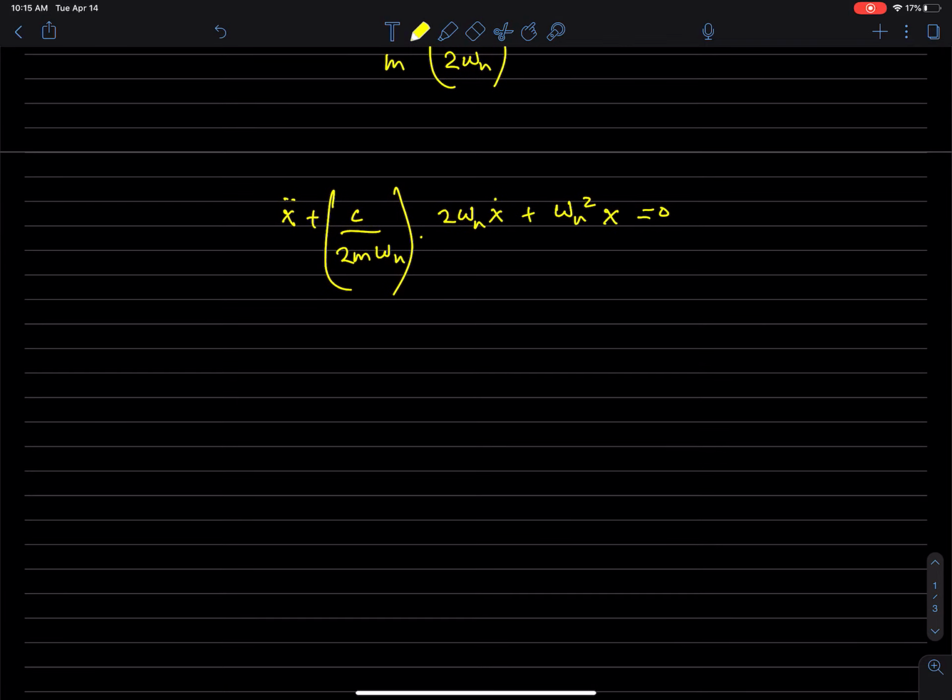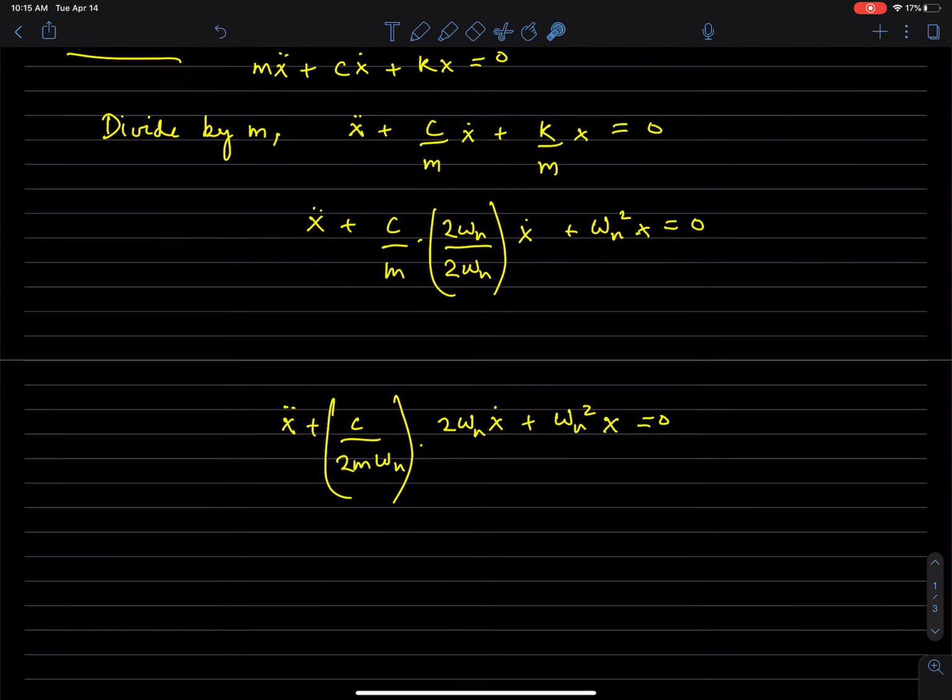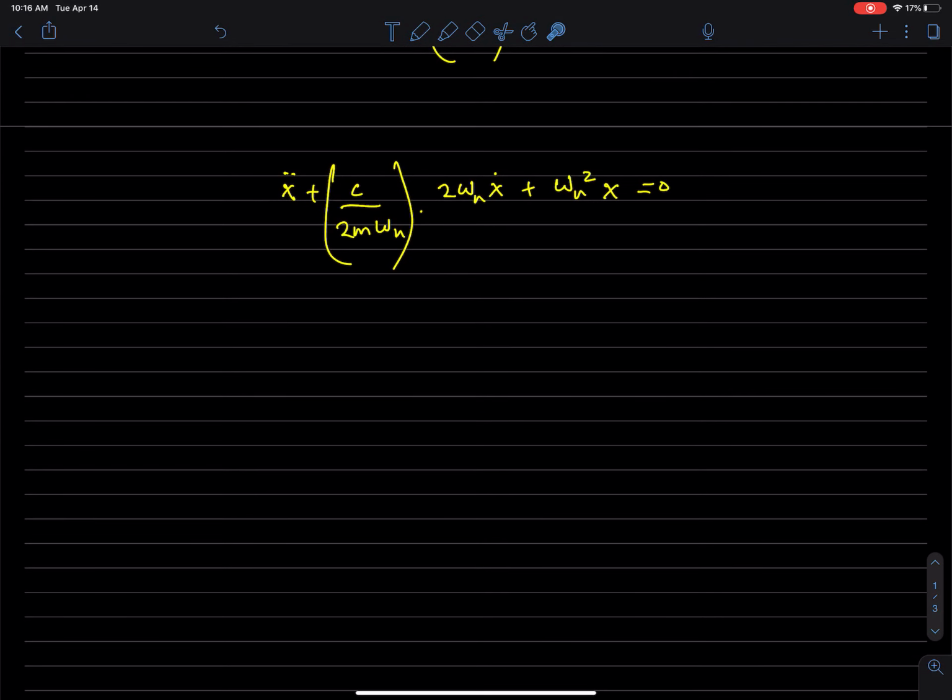And of course, this quantity equals zeta, the damping ratio that we just defined. So we have x double dot plus 2 zeta omega n x dot plus omega n square x equal to 0.